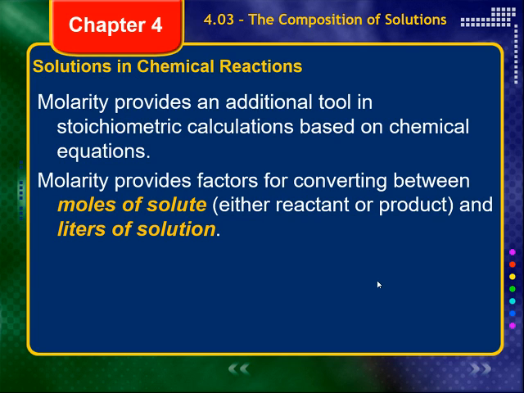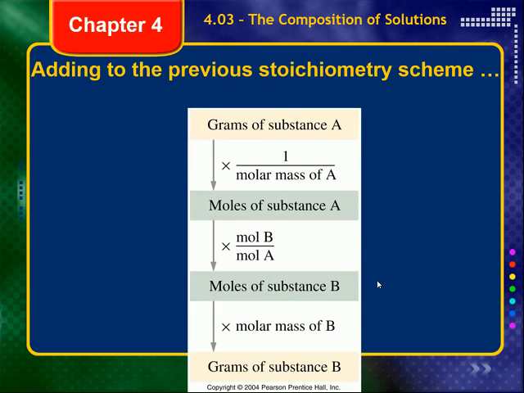Molarity provides an additional tool in stoichiometric calculations based on chemical equations. We're still using chemical equations, and we're still doing stoichiometric calculations. Molarity is just another tool we can put in that stoichiometric toolbox. Molarity provides conversion factors for converting between moles of solute and liters of solution, the exact same things we've been doing so far.